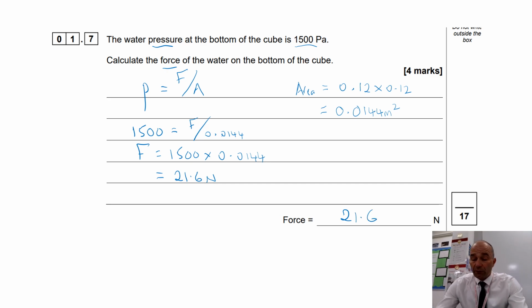You could also round it up to 22. Either way, you would get that fourth mark. So remember, with our maths questions, like I said, this is generous. So you get 1 mark for calculating the area, the second mark for substituting in the numbers to the formula, third mark for making force the subject, and then the last mark is to calculate the correct answer. Now that's a big long first question. It's worth 17 marks. Hopefully you got 17.